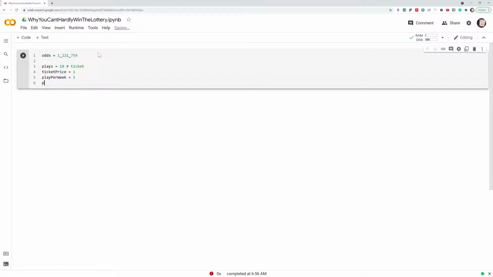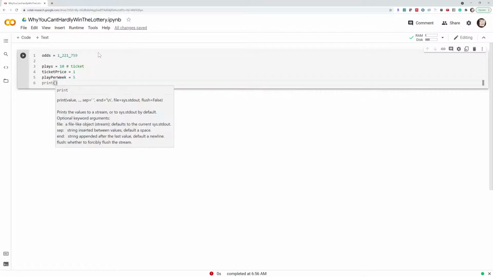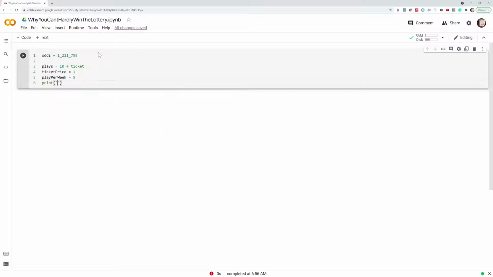So we're gonna say we want to print out how much it would cost us to play in a month and in a year. So we say monthly cost, yearly cost. What you are seeing is a format.